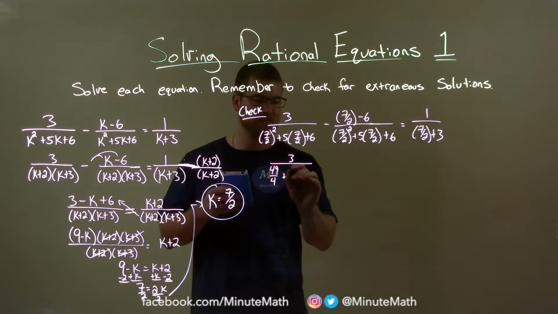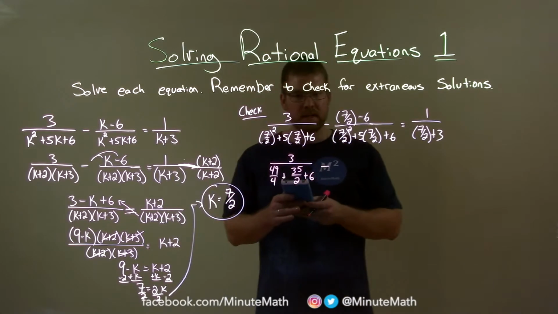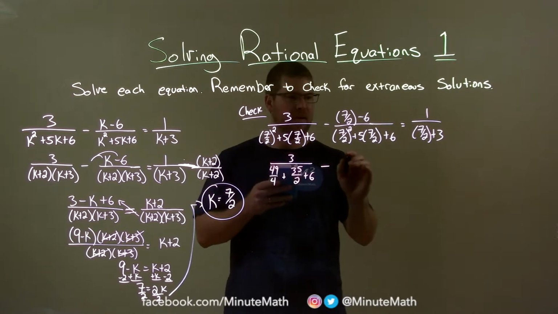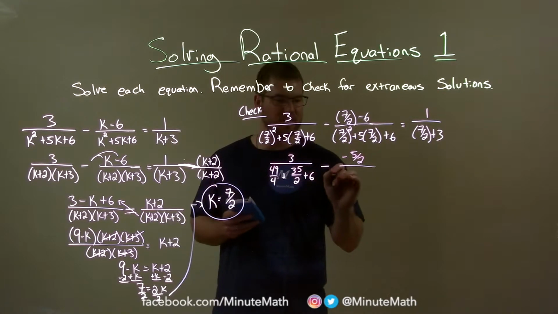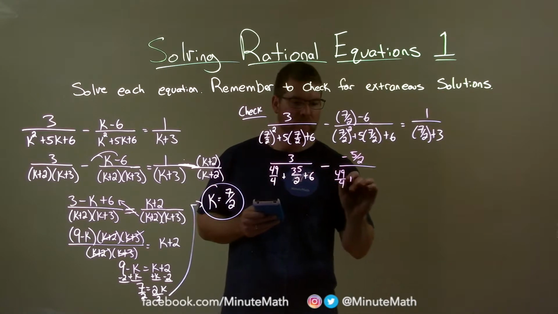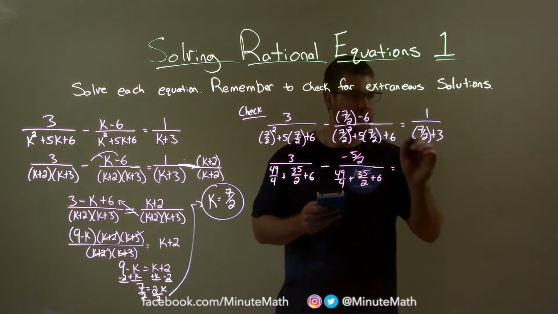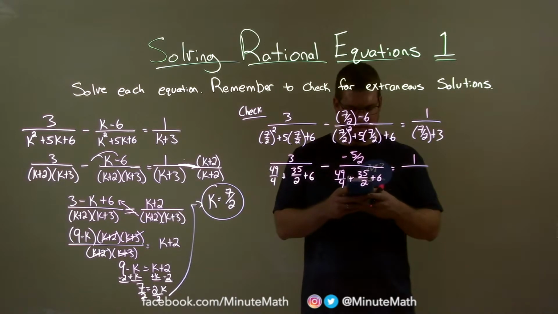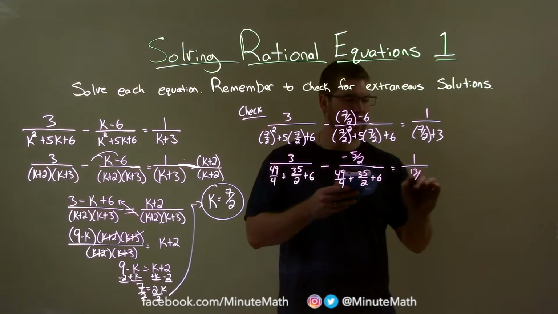That's 35/2 plus 6, minus the numerator 7/2 minus 6, and as a fraction that's negative 5/2. The denominator will be the same as here, so we have 49/4 plus 35/2 plus 6, equals the right-hand side 7/2 plus 3, and as a fraction that's 13/2.